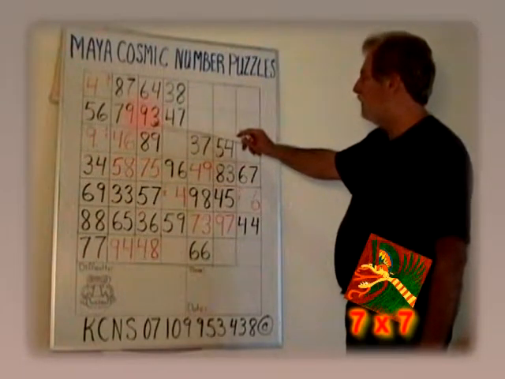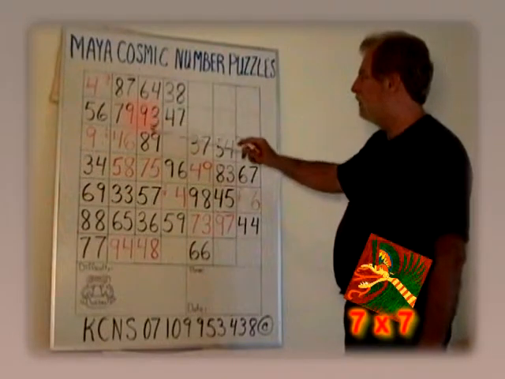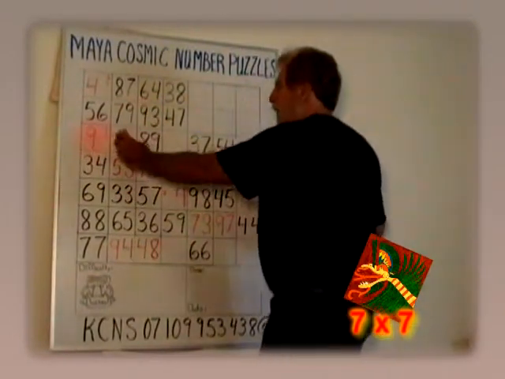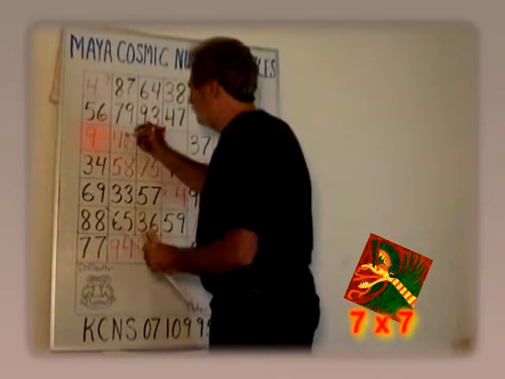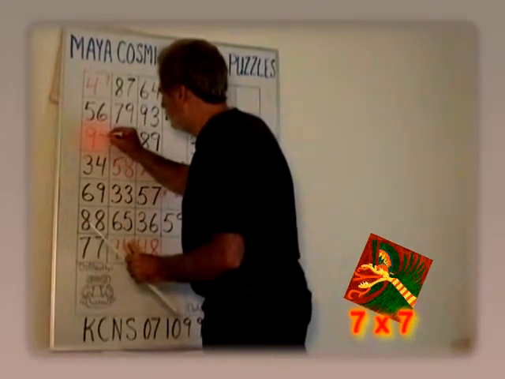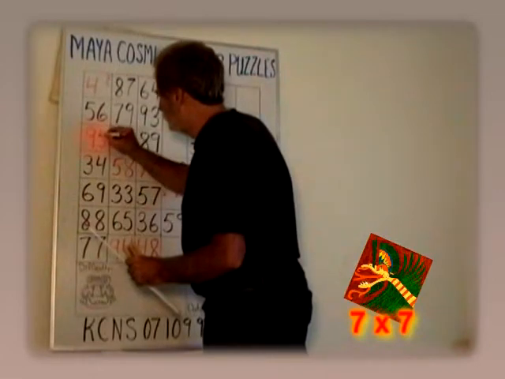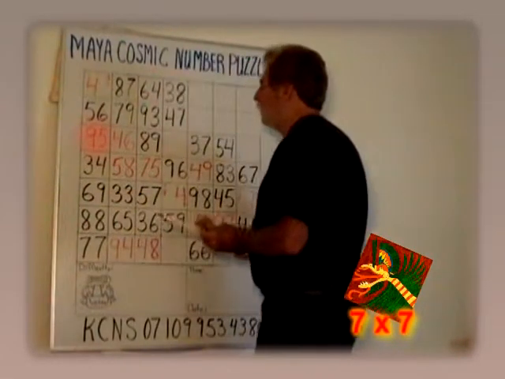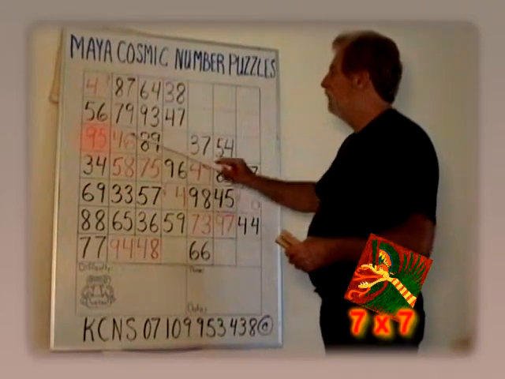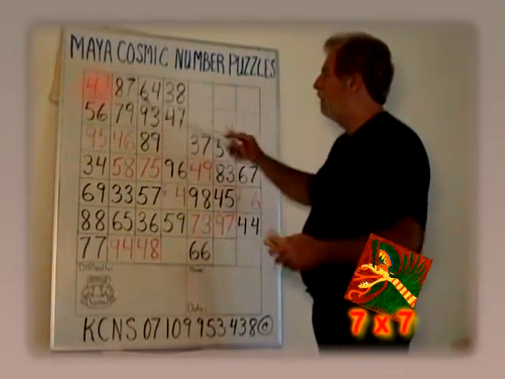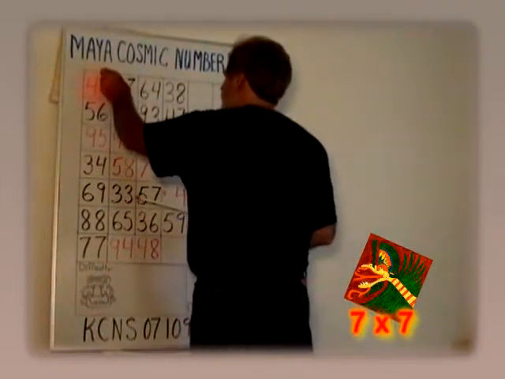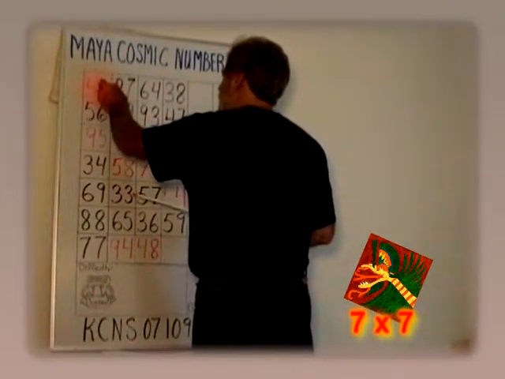We do have the 93 in this position here in this column. So if the 93 is here, we cannot have the 93 here. So it must be a 95. If this is a 95 and the 5 is in this position, we cannot have the 5 here. So we must have a 3 in this position.